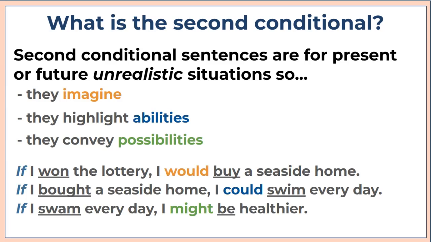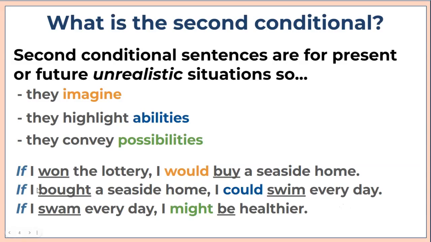For example, if I won the lottery, I would buy a seaside home. So winning the lottery is not a very realistic situation, but I imagine I would buy a home by the sea. Now, if I bought a seaside home, I could swim every day. Could is used to show that ability.